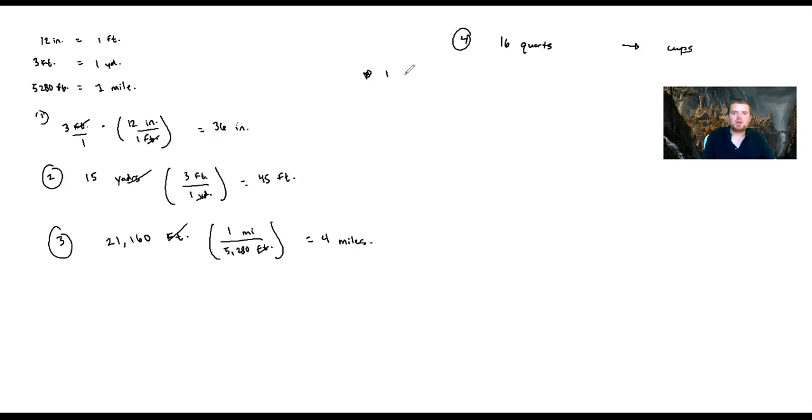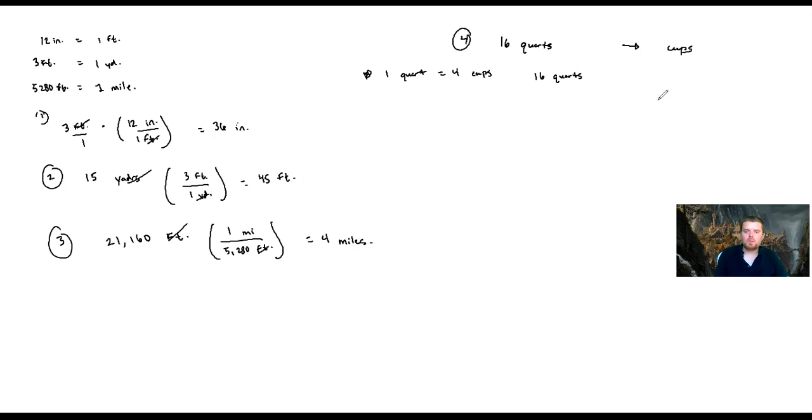If you know that conversion rate, then it's just like we did in numbers 1, 2, and 3. I'm going to take 16 quarts. I'm going to multiply it by the unit rate. There are 4 cups for every 1 quart. Here, quarts cancel out, and I am multiplying 16 times 4 to get 64 cups, like so.